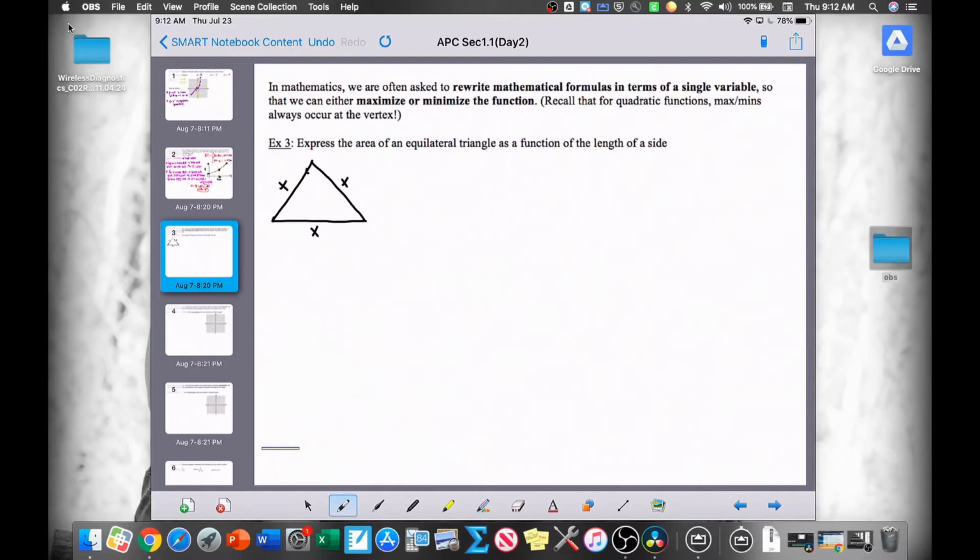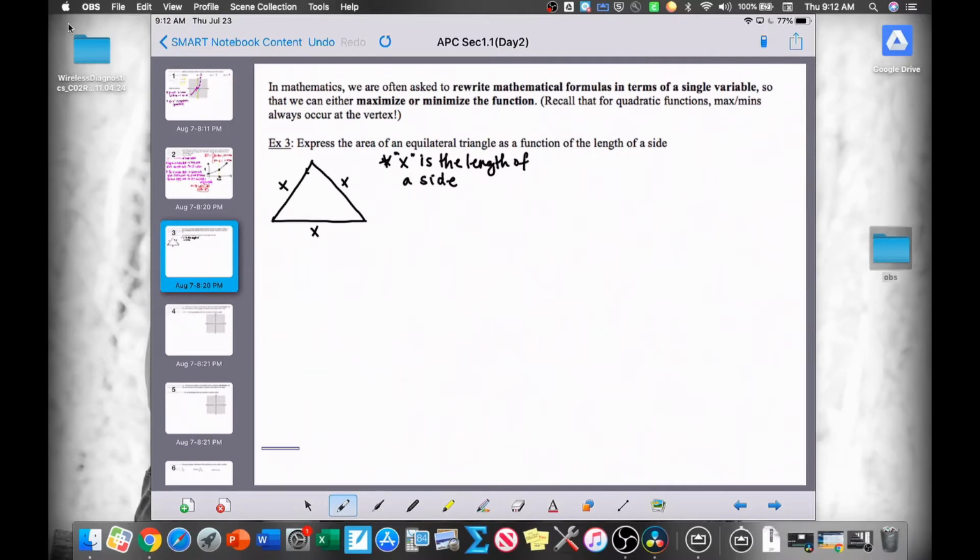But we're supposed to express the area of this equilateral triangle as a function of the length of a side, which means that when we're done, we should have area equals and then something with just x as a variable, okay? So let's first make a notation here that x is the length of a side, right?